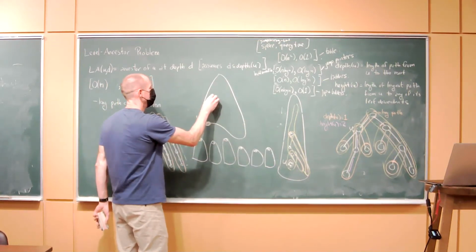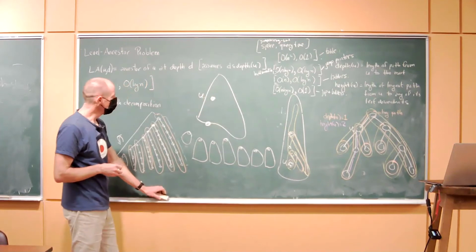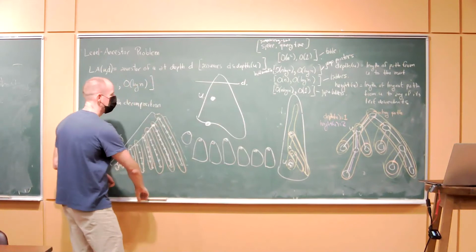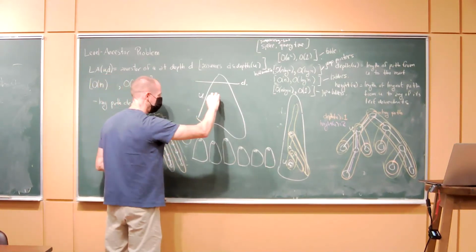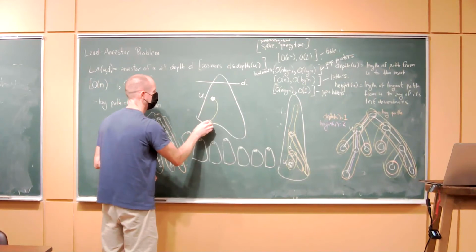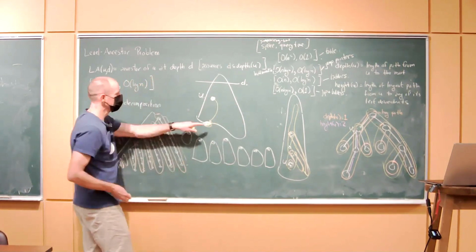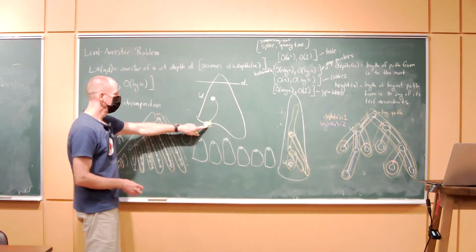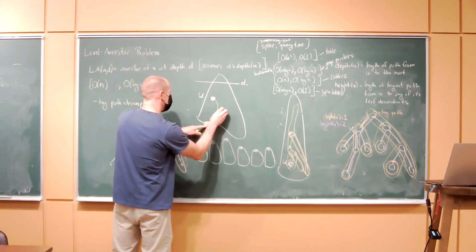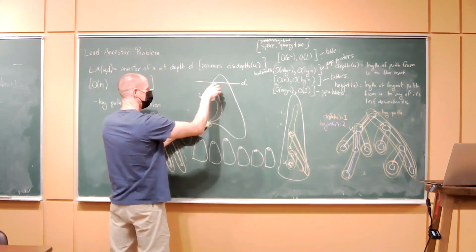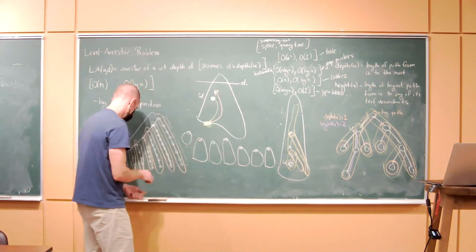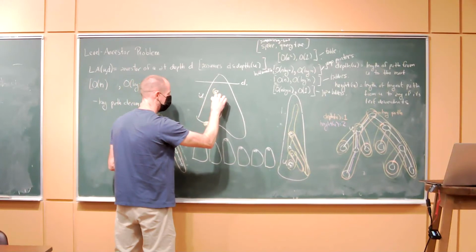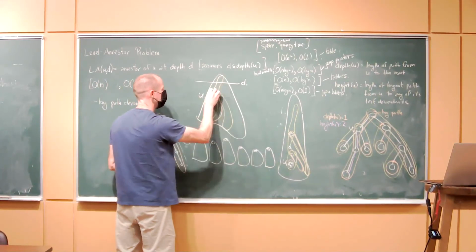So you give me a node U, and I want to know its level ancestor at depth D. So if U has a pointer to any one of its leaves, let's say this one, then that leaf has a list of jump pointers. One of those will take us halfway to D, or to this depth. And then from that node, there will be a ladder that contains it, which takes us the rest of the way.